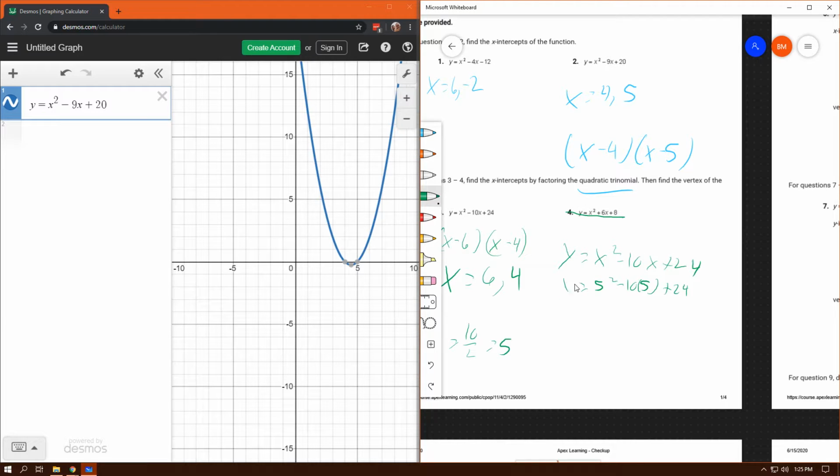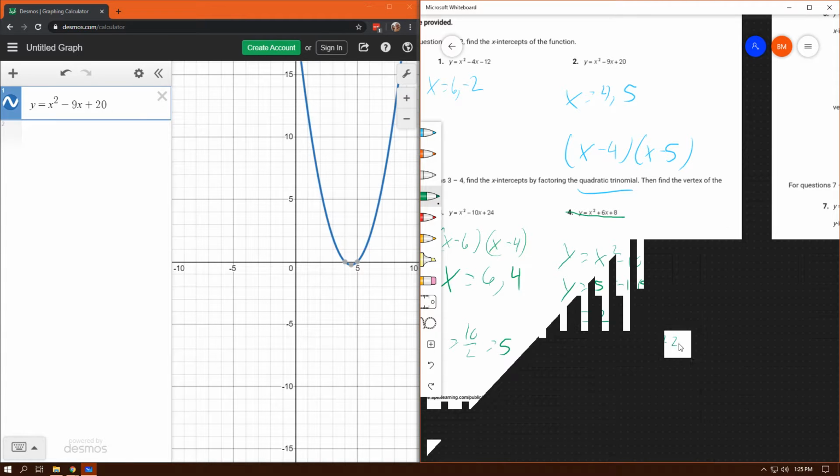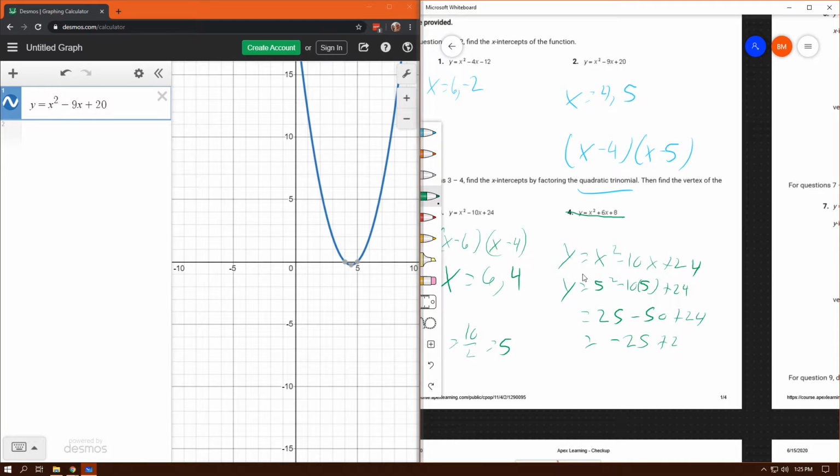I found what my h was, 5, so I'm going to plug it in for my x value. 25 minus 50 plus 24. Well, this is going to be negative 25 plus 24, which is going to be negative 1. So my y value, or k, is negative 1.